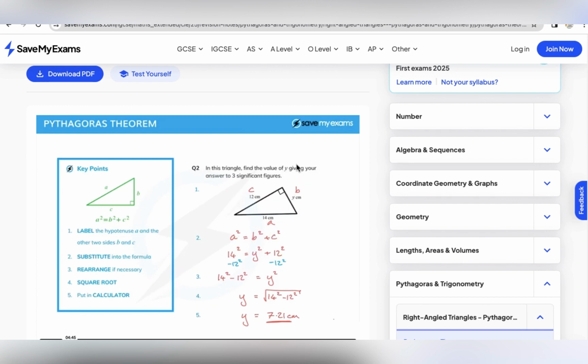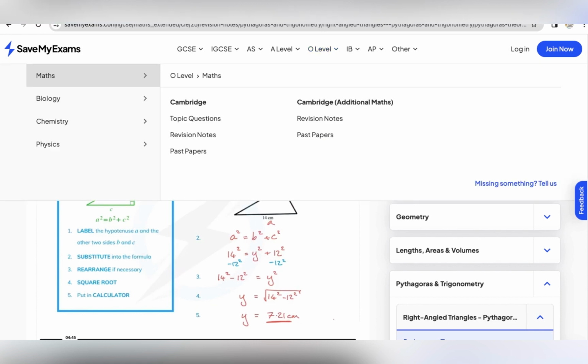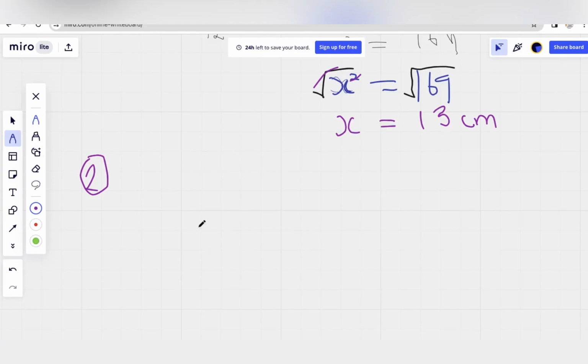For example, we have this diagram. Let's take a look at this one. Okay, here is angle 90.